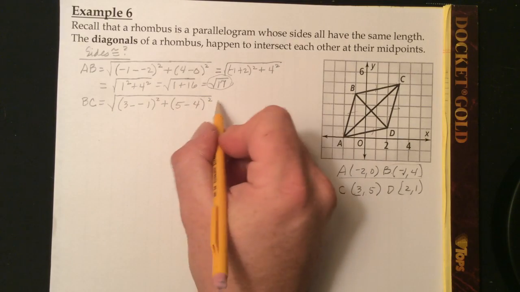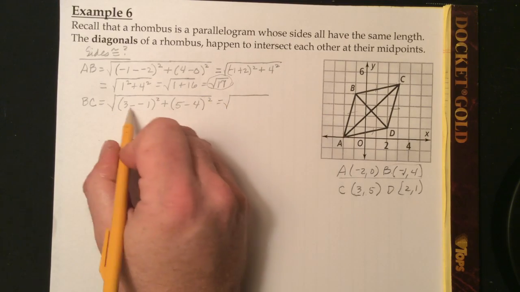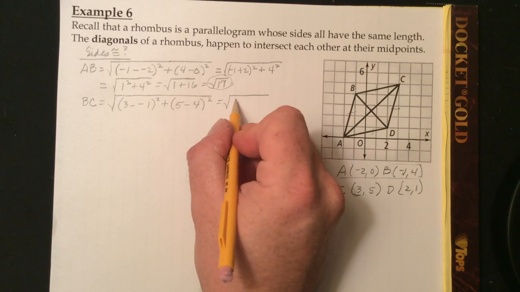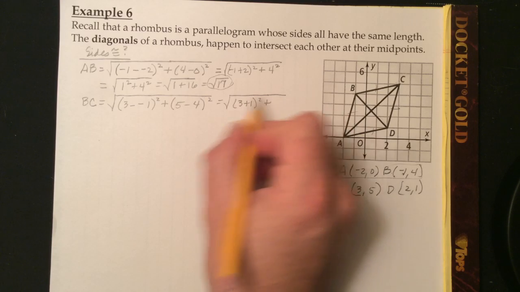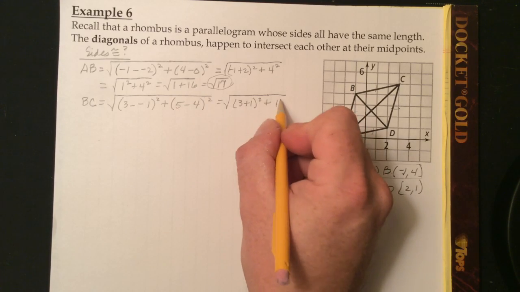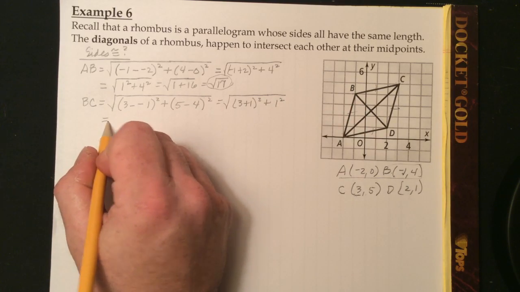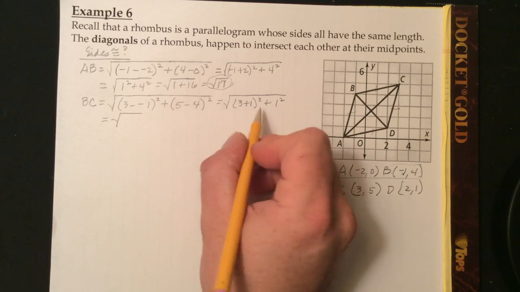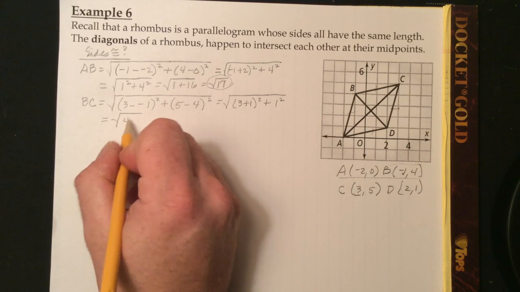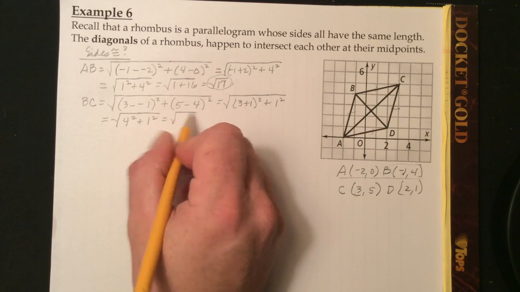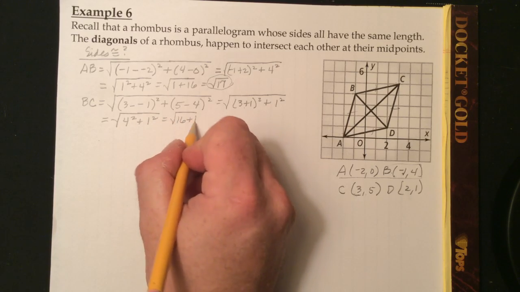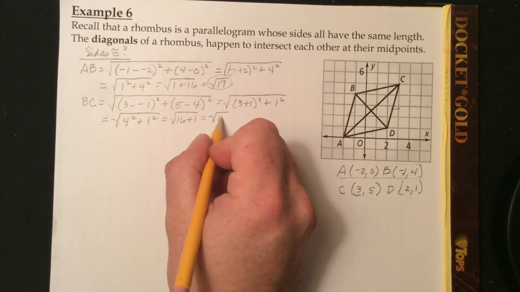Those are the y's. And that gives us 3 minus negative 1 is 3 plus 1 squared plus 5 minus 4 is 1 squared. So then we get the square root of, that's 3 plus 1 is 4 squared plus 1 squared. And we square, and we get 16 plus 1 under the square root, and that gives us the square root of 17 again.